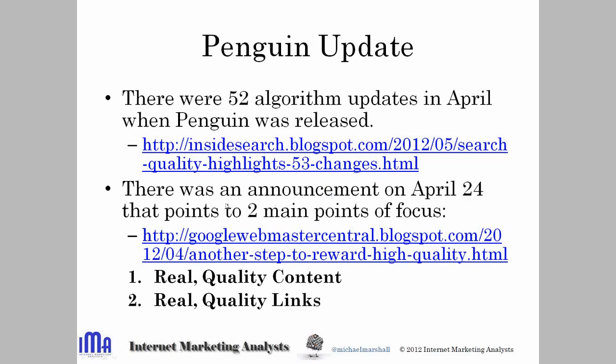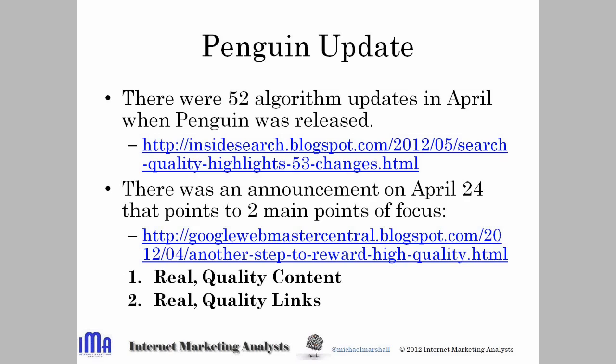So, the Penguin update, which is on the top of most people's minds these days. One thing to keep in mind, there's a lot of talk out there about what it is supposed to be addressing. There were 52 algorithm updates that month when Penguin was released.